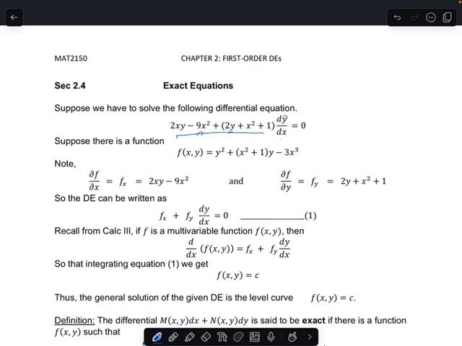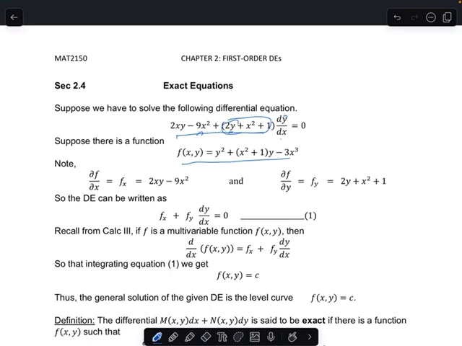But if you notice the dy by dx, a function of x and y is being multiplied, so it is not a linear first order differential equation. Okay, so now we are saying, suppose that we know that there exists a function something like that.